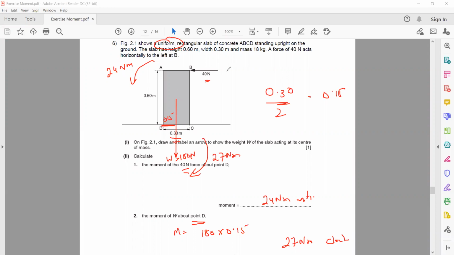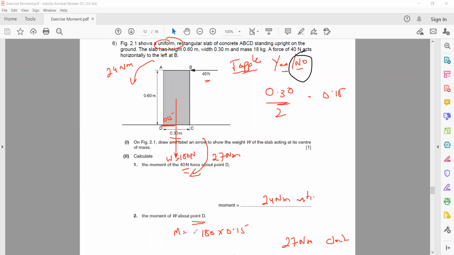What will happen? Will this slab topple, roll over, yes or no? Because the turning effect due to the weight is higher, whenever the turning effect of weight is more, this object will not topple.